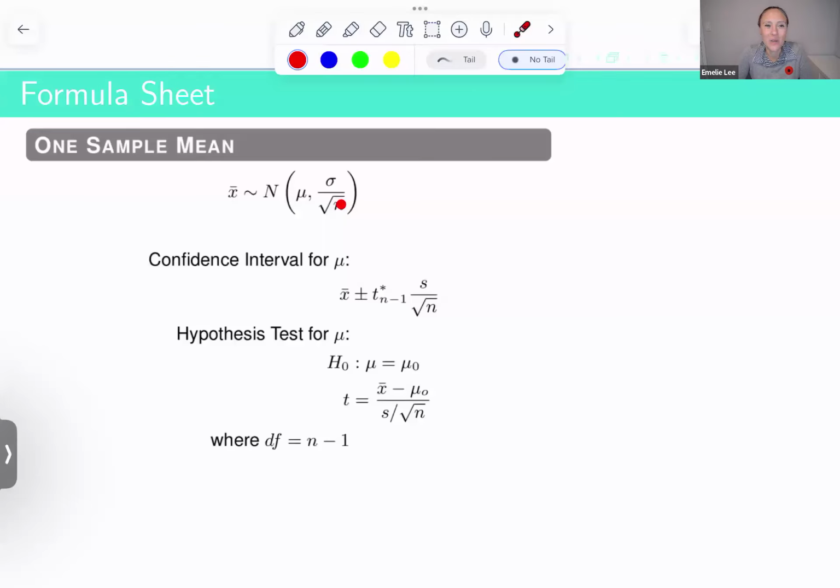This is the central limit theorem for X bar. That's just theory, and you can just ignore it. It's there because it's technically the basis of everything that we're doing, but we don't use it for our questions, right?